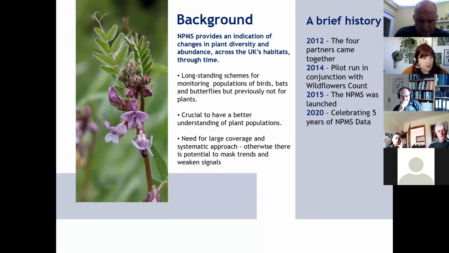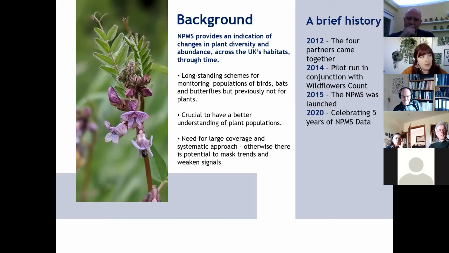With major changes taking place and declines in biodiversity across habitats being reported, for example through habitat change, nutrient enrichment, nitrogen deposition, climate change and so on, it became crucial to have a better understanding of plant populations. There was and still is a need for large-scale coverage and a systematic approach. Otherwise, there's the potential to mask trends and weaken the signals that you can find.